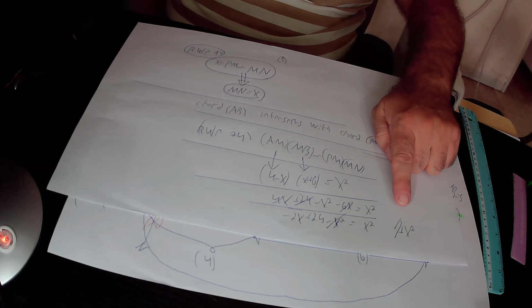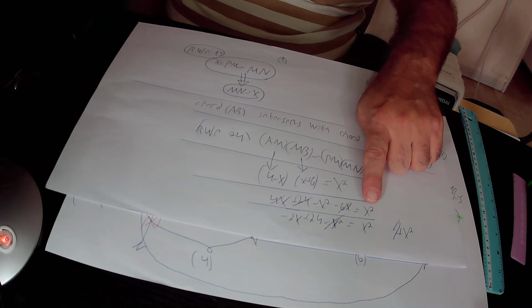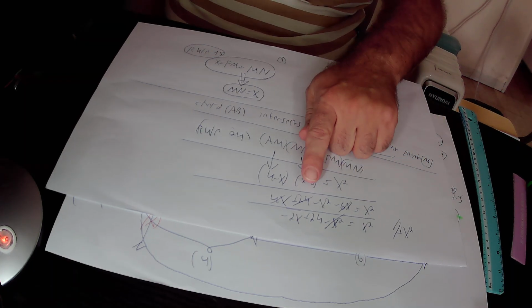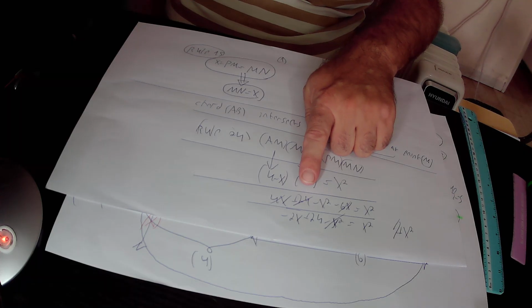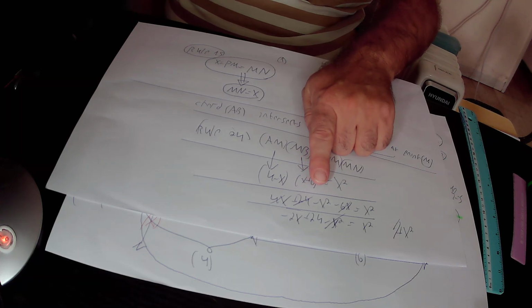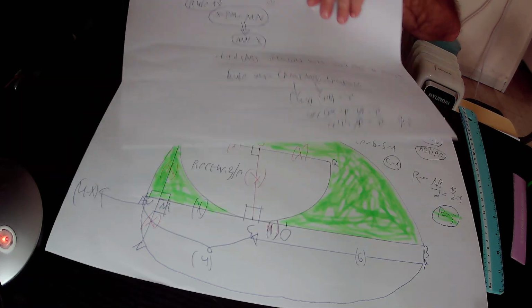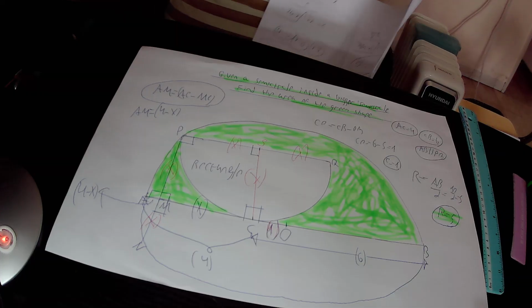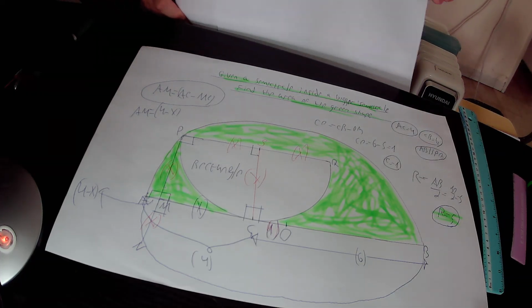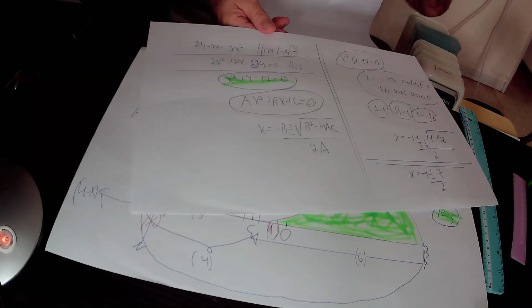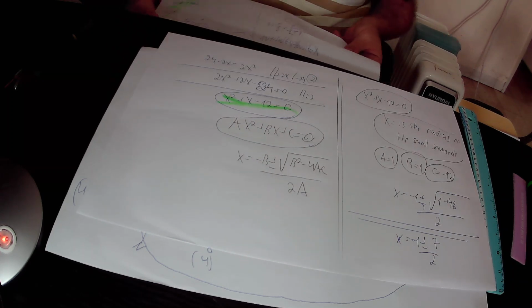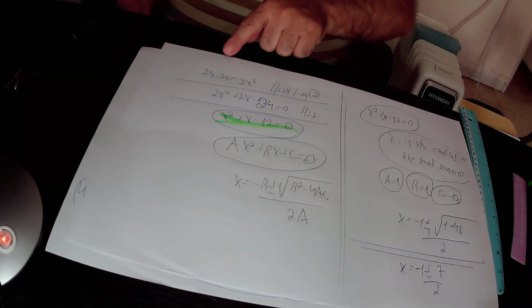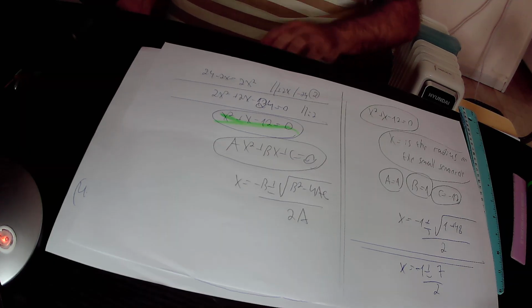Here we added X squared to this equation, so X squared plus X squared is 2X squared. Here X squared gets cancelled, and we are left with minus 2X plus 24 equals 2X squared.